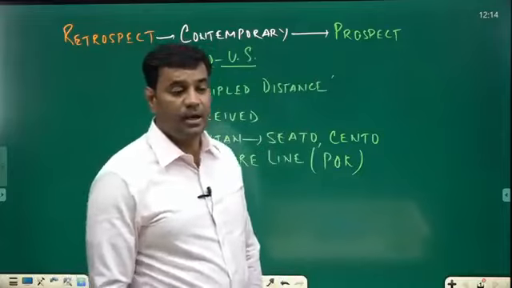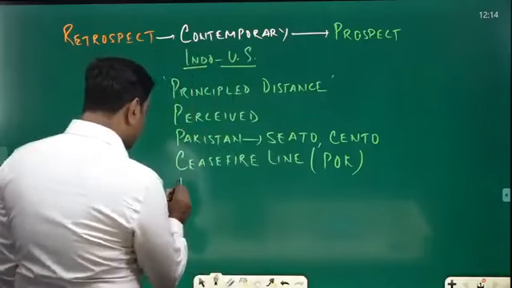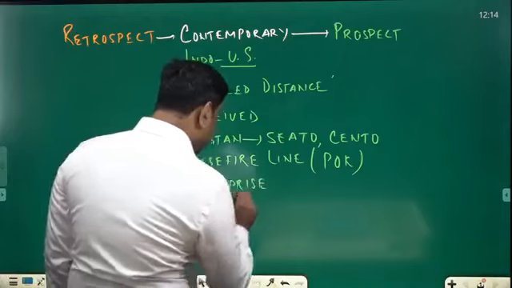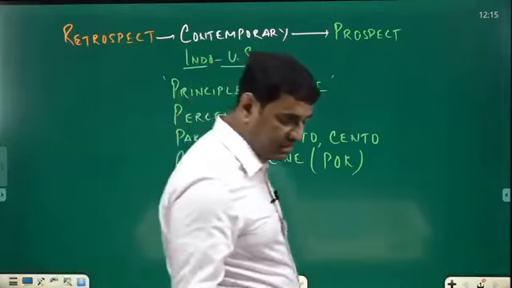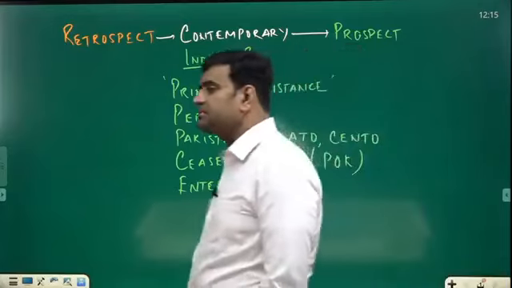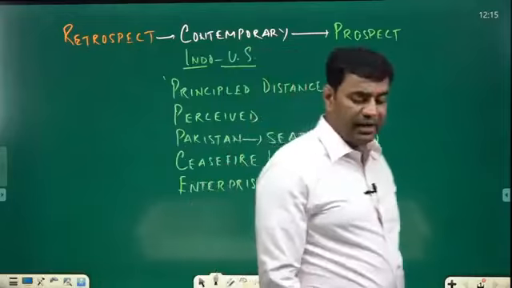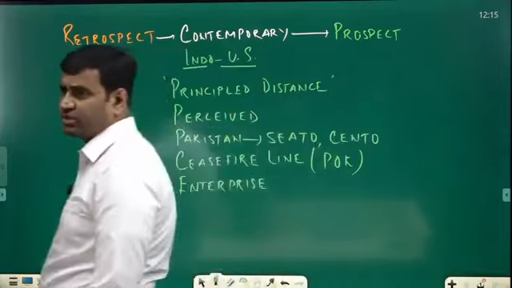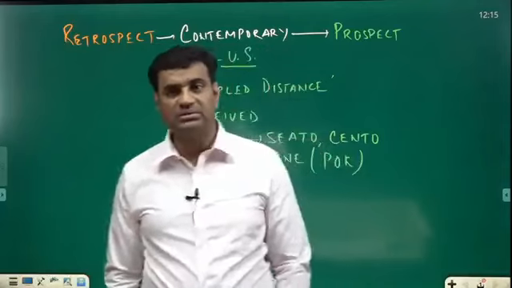The United States opposed India's stand and deputed its aircraft carrier Enterprise in the Bay of Bengal region, and even announced to take nuclear aggression.